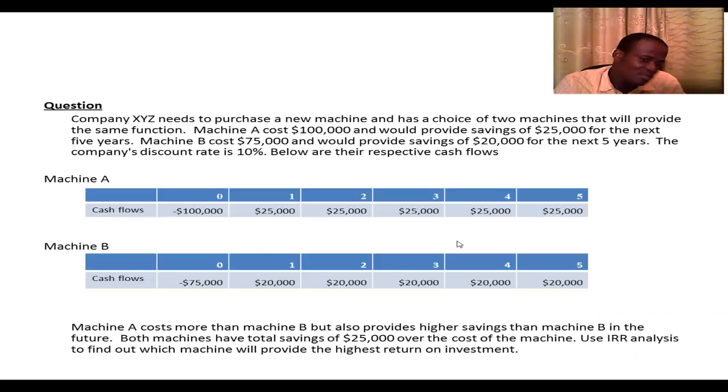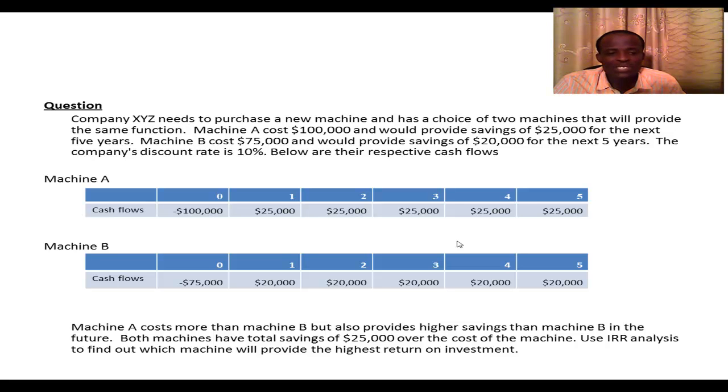Let's use an example to explain the internal rate of return. Company XYZ needs to purchase a new machine and has a choice of 2 machines that will provide the same function. Machine A costs $100,000 and would provide cost savings of $25,000 for the next 5 years.